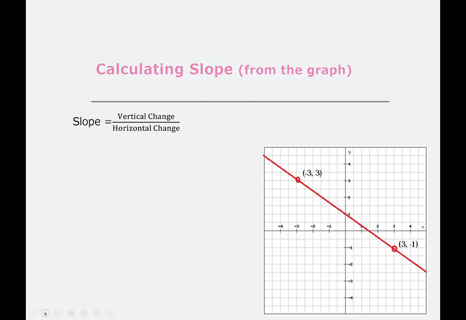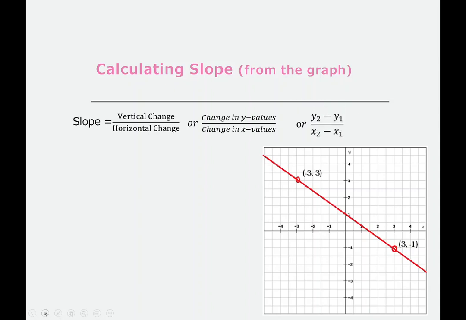We're going to find the vertical change between them and the horizontal change. Another way we can talk about it is we're finding the change in the y values. The vertical change is dealing with the values on our y-axis. The horizontal change, well, that's dealing with the change in our x values, or the change in our horizontal axis.